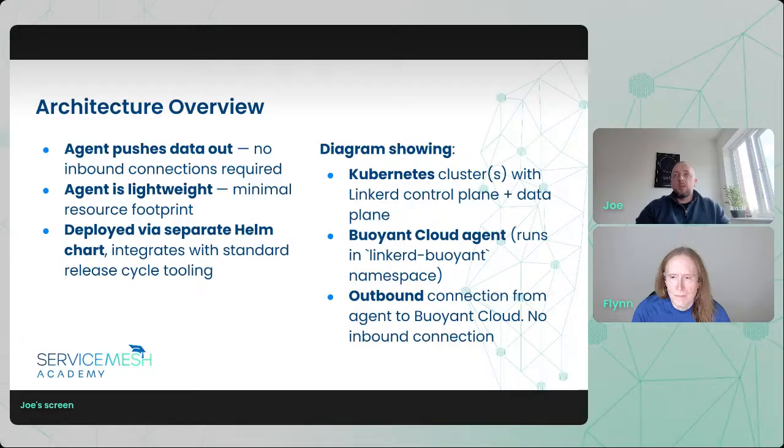I think most of our users are deploying using Helm now. We're giving customers this great dashboard and this great amount of data, but we're not asking a lot of the compute, which is very typical for Linkerd. We're very big on a minimal resource footprint across the compute stack.